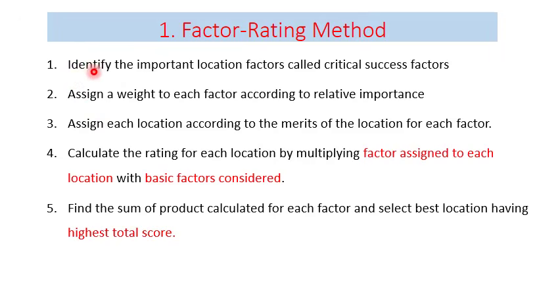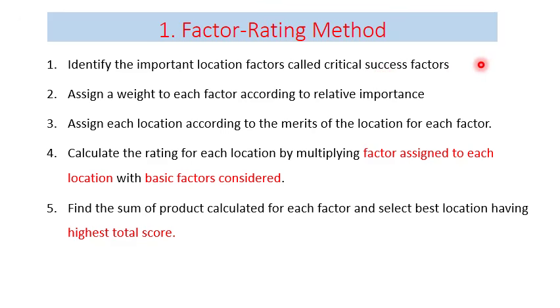In factor rating method, there are steps, and the first step is identifying the important location factors, that is, critical success factors. As we have discussed before, there are a lot of critical success factors. So here we need to mention those critical success factors.